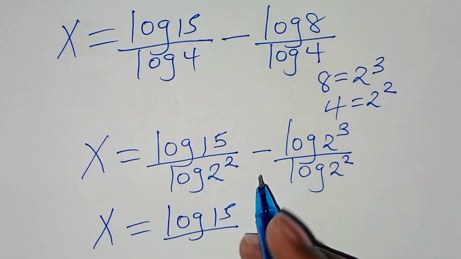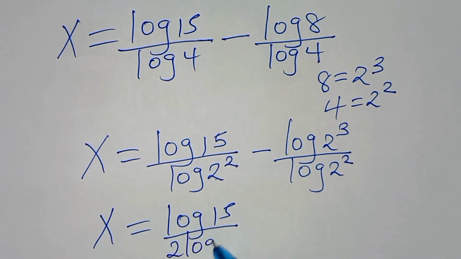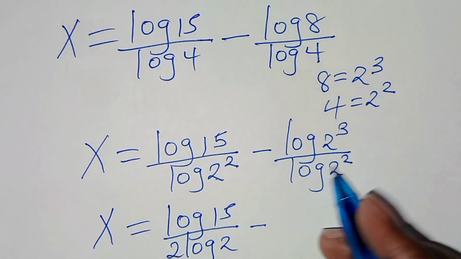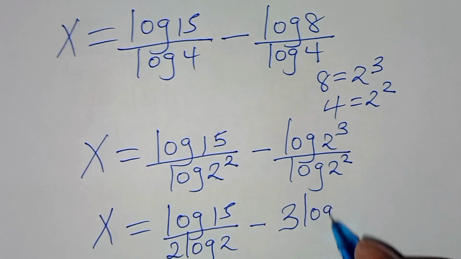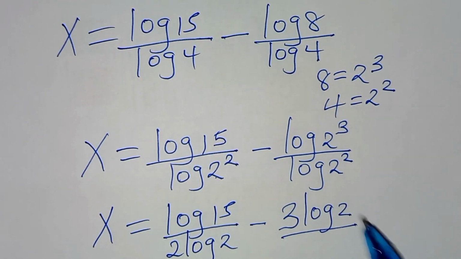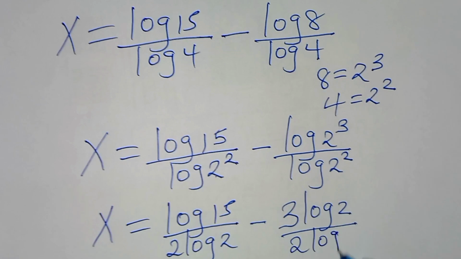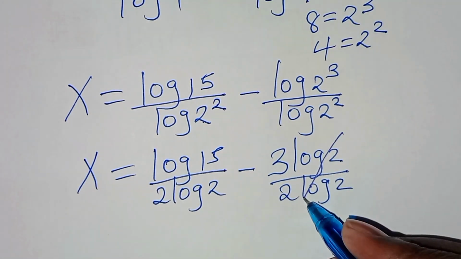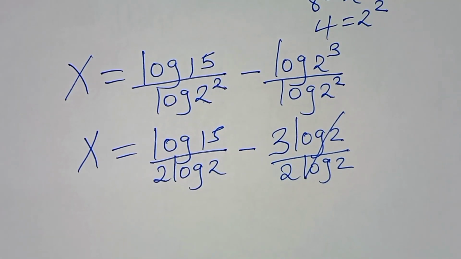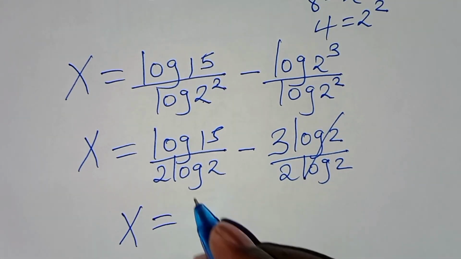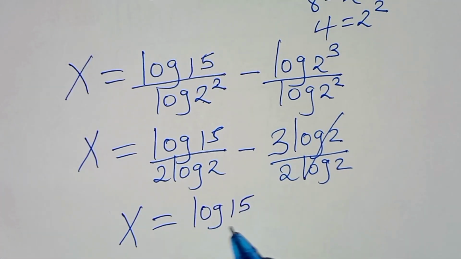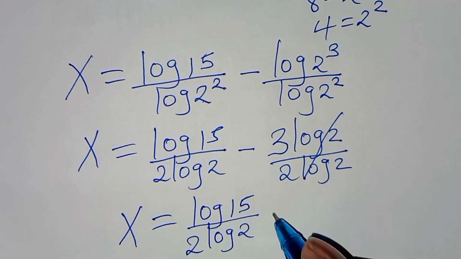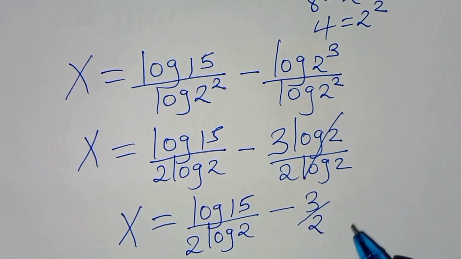Applying the power rule property, this can be expressed as 2 log 2 subtract log 2 to power 3. Applying the power rule property, this can be expressed as 3 log 2 divided by log 2 to power 2, which is 2 log 2. Now let's simplify here. Log 2 and log 2 simplify, so that now we'll have x is equal to log 15 divided by 2 log 2 subtract 3 over 2.